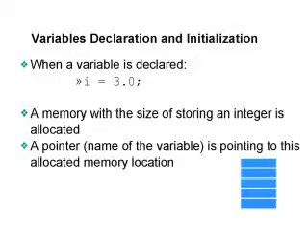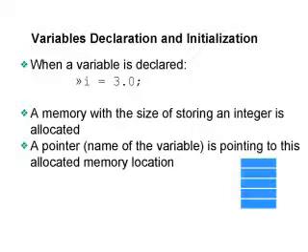Let's look into detail of the variable declaration and the initialization process. Inside of a computer, there exist a lot of memory slots which your program can use for various different kinds of purposes.